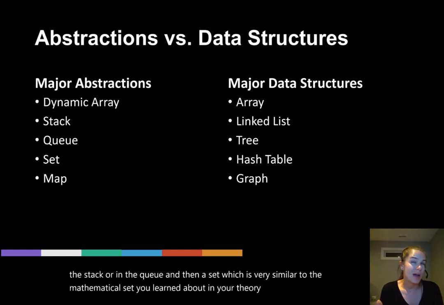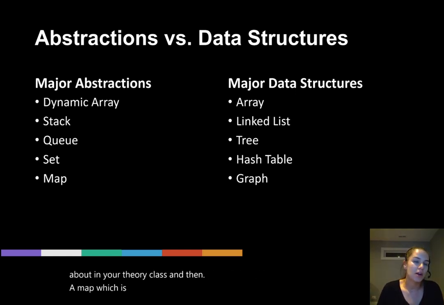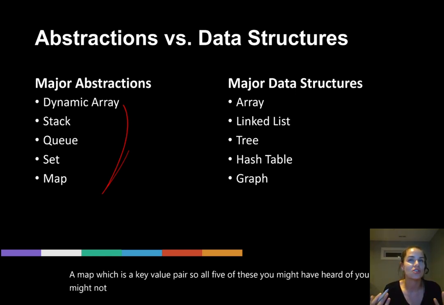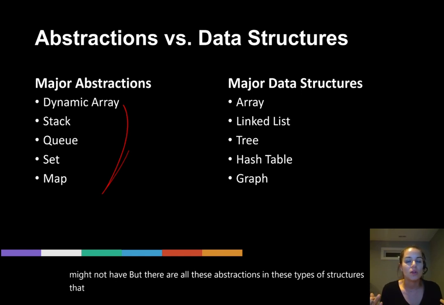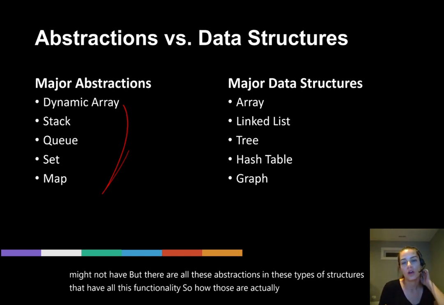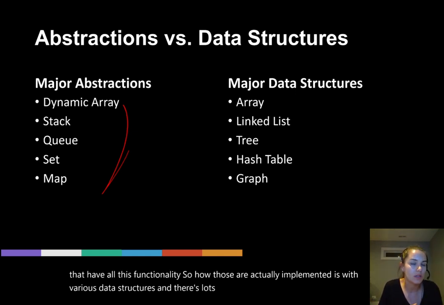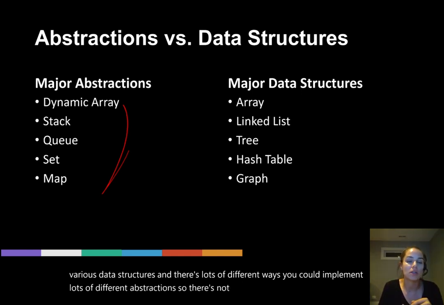And then a map, which is a key value pair. So all five of these you might have heard of, you might not have, but there are all these abstractions in these types of structures that have all this functionality. So how those are actually implemented is with various data structures, and there's lots of different ways you could implement lots of different abstractions, so there's not a one-to-one correspondence between these.